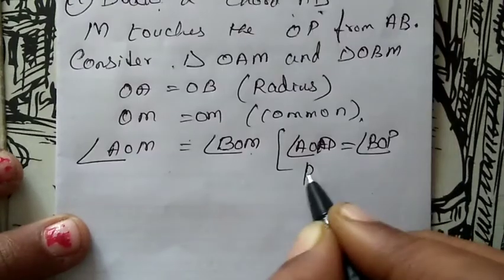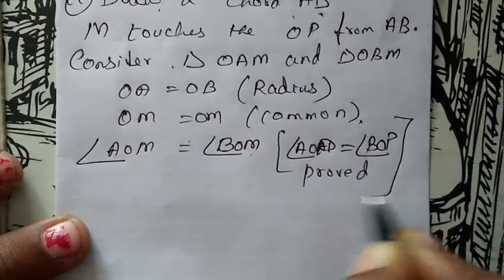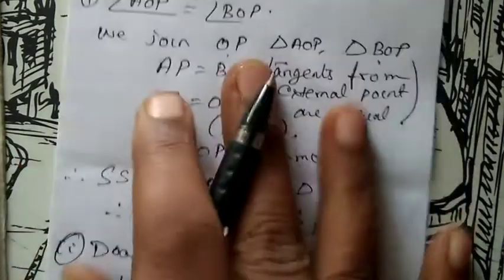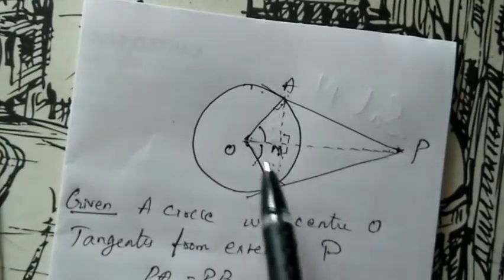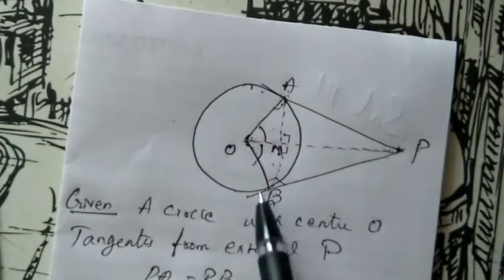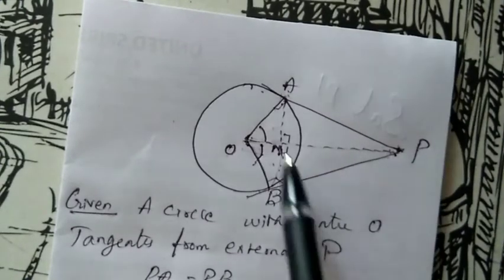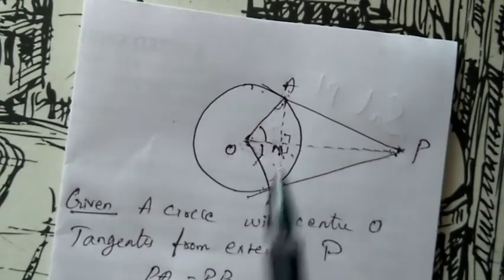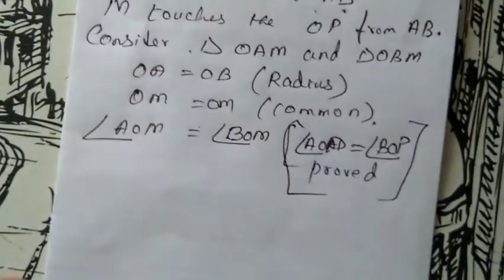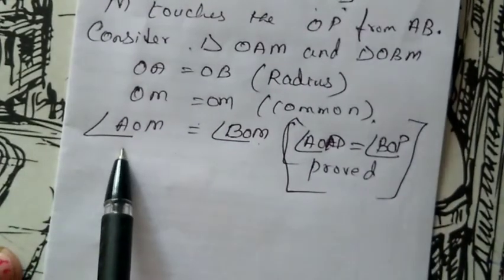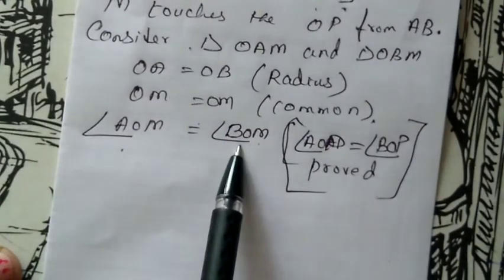This we have already proved in the first subdivision. So that AOP, BOP we cut short to angle AOM equal to angle BOM. That is what we have written.